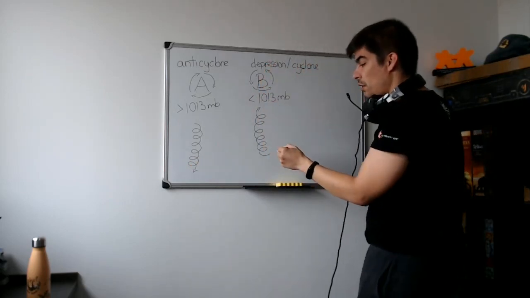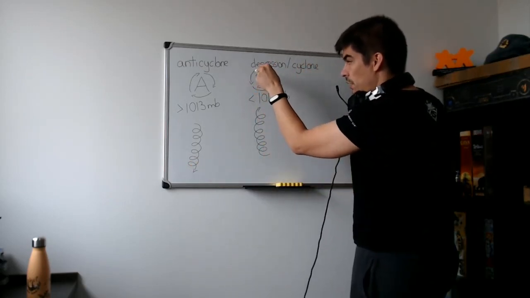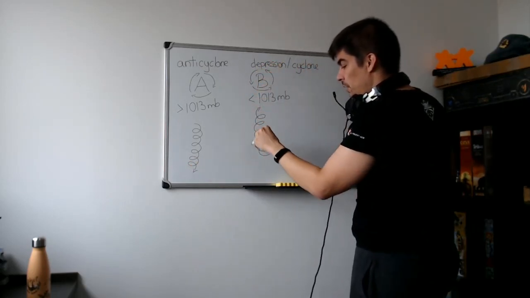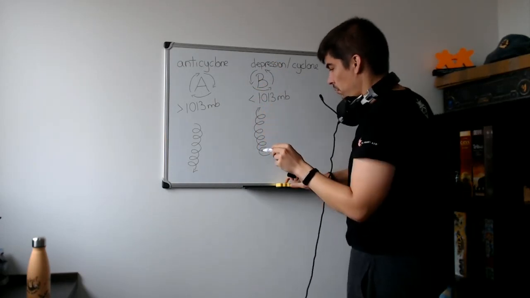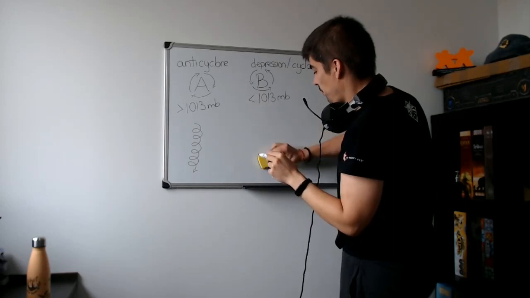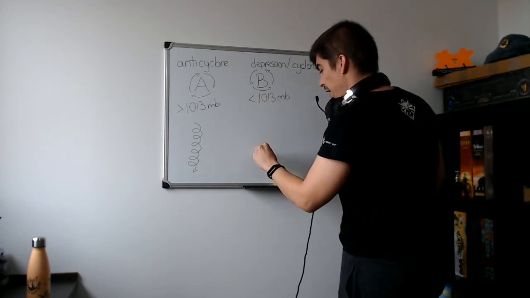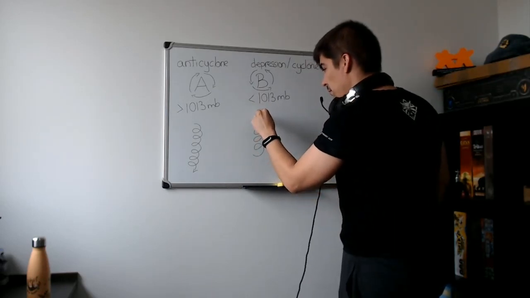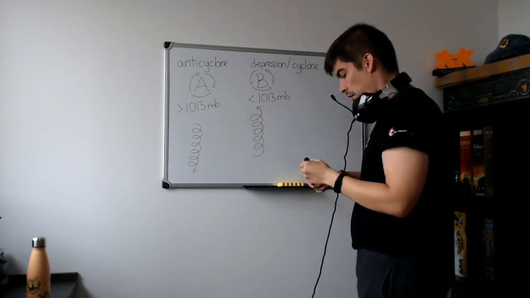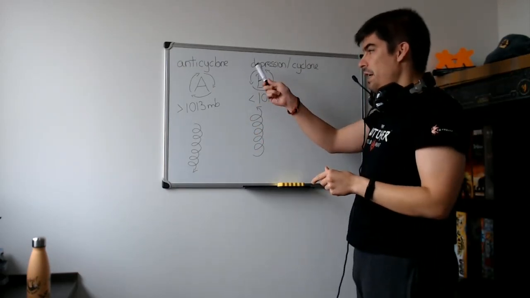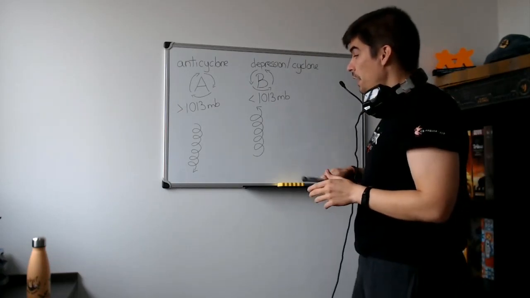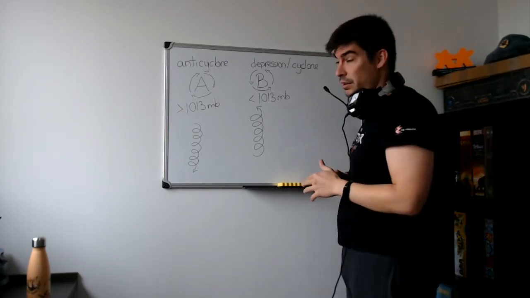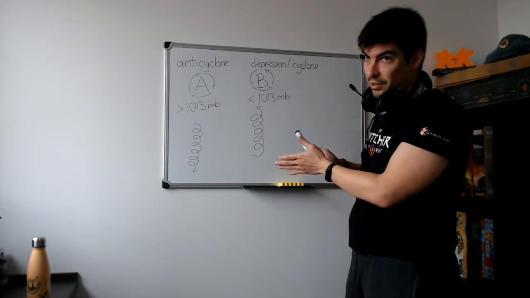In a depression, the air moves like this, and like this. Let's draw it again. Like this, up and counterclockwise.